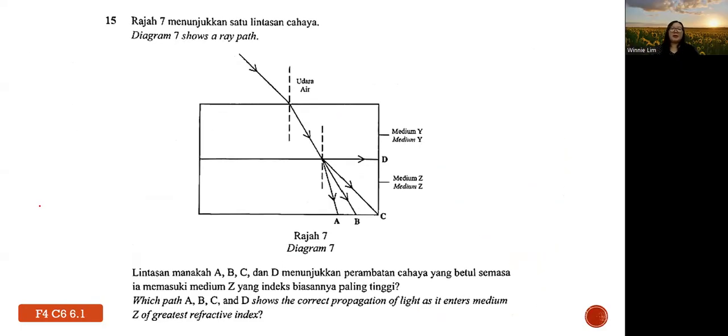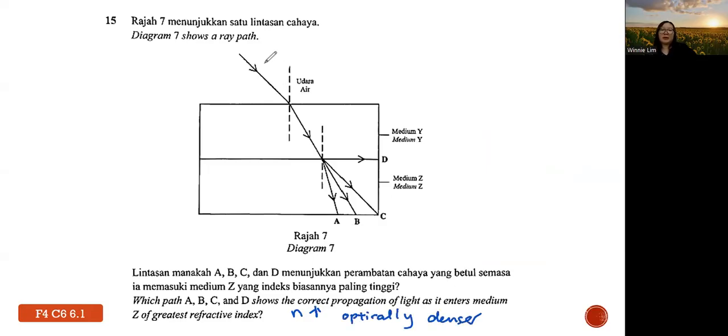Question 15. Diagram 7 shows a ray path. Which path, A, B, C, or D, shows the correct propagation of light as it enters medium Z of greatest refractive index? For your information, if the refractive index is high, that means the medium is also optically denser.